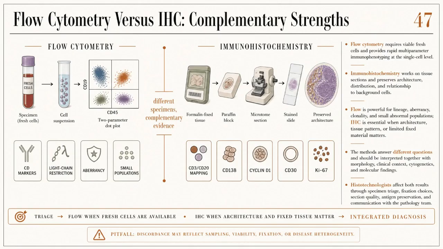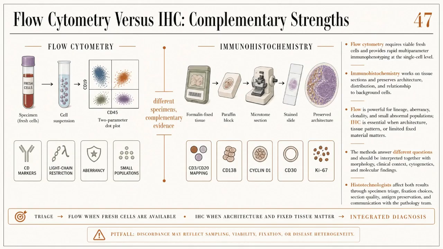IHC panels can be customized to detect lineage-specific markers and differentiation stages, aiding in subclassification of lymphomas and plasma cell disorders. However, IHC is limited by the number of markers that can be assessed simultaneously and requires meticulous optimization of fixation and decalcification protocols to preserve antigenicity and staining quality. Overfixation or harsh decalcification can mask epitopes, leading to weak or false negative staining, which underscores the histotechnologist's role in specimen preparation.